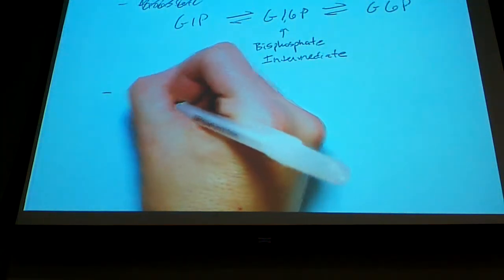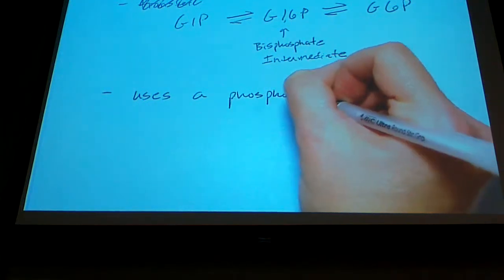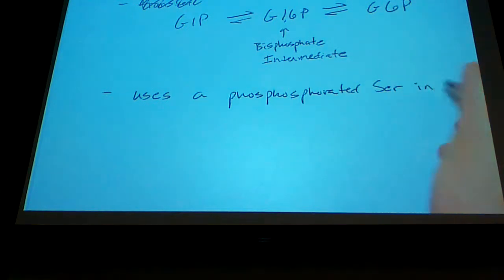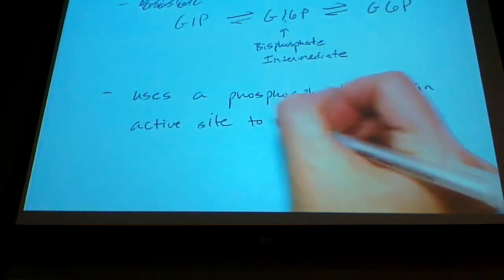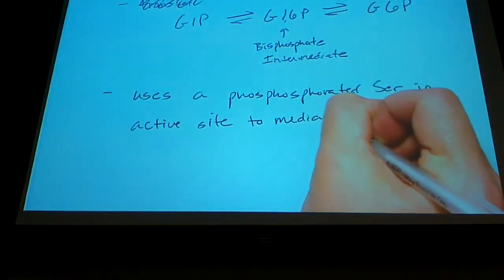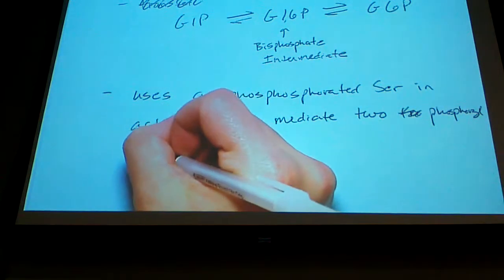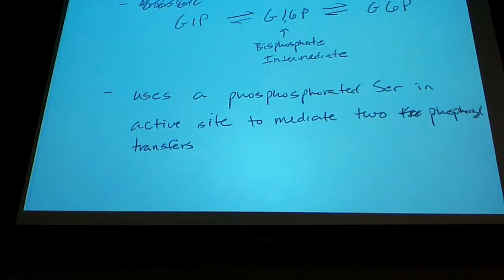This is going to use a phosphorylated serine in the active site to mediate two phosphoryl transfers. But it's all intramolecular, so this is an isomerase.